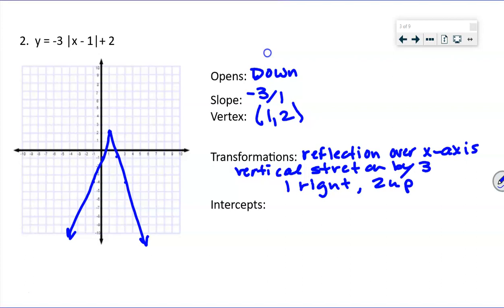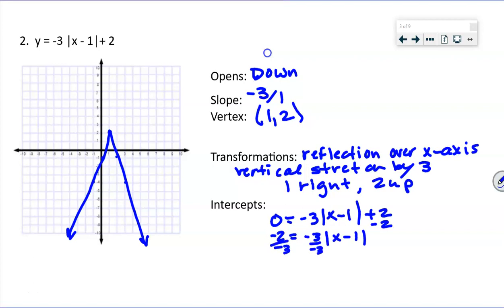Okay? So now our intercepts, again, we're going to solve for these. Now, it looks like you could maybe tell what they are, but we're going to go ahead and solve for them anyway. Again, remember, we're going to put 0 in here. We're going to say 0 equals -3, absolute value of x minus 1, plus 2. I'm going to subtract the 2 from both sides. So that leaves us with this. Then we're going to divide both sides by -3. So that's going to be 2/3 equals the absolute value of x minus 1.